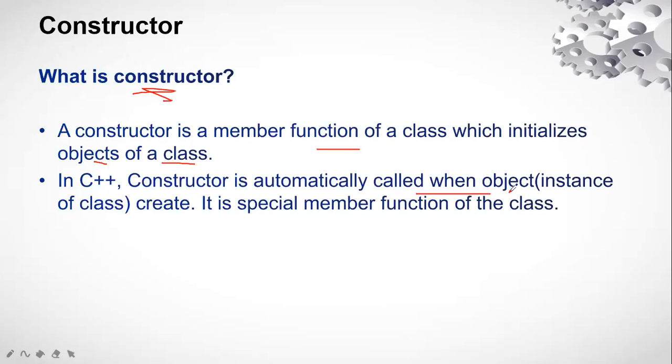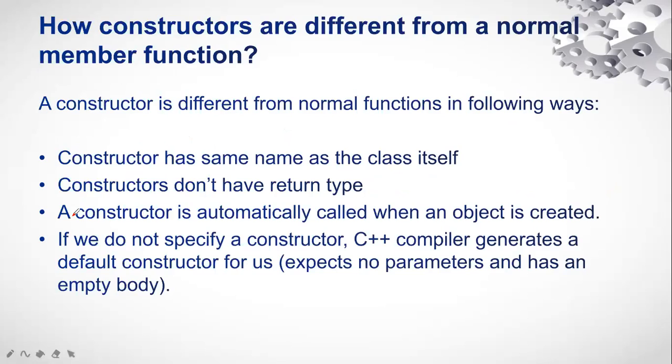We all know what an object is. An object is just an instance of the class. So whenever the object is created in the main program, the constructor is automatically called.